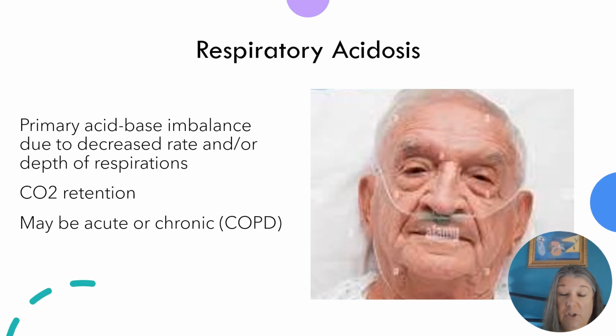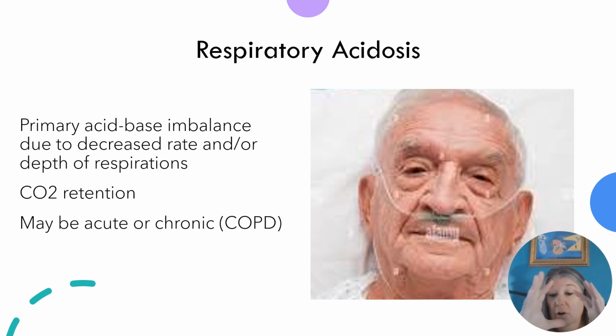So respiratory acidosis is the primary acid-base imbalance, resulting from decreased rate and/or depth of respirations leading to CO2 retention. Characterized by a low pH, so more acidic, and elevated CO2 levels due to alveolar hypoventilation.